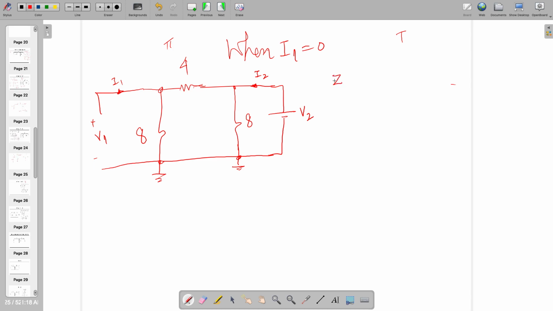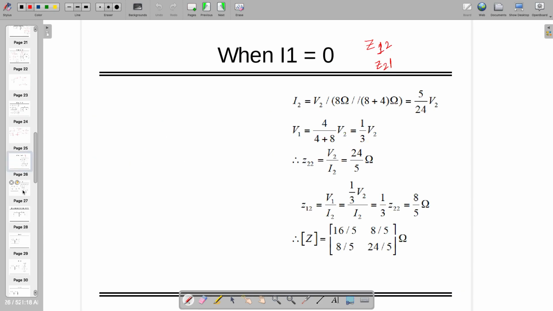Okay, fine, Divyanshu. So can you tell me, Divyanshu, 24 by 5 ohms. What about Z21? Hmm? 8 by 5. Okay. So I believe Komal and Divya, all are getting the same answer. So there is no problem in that case, right?